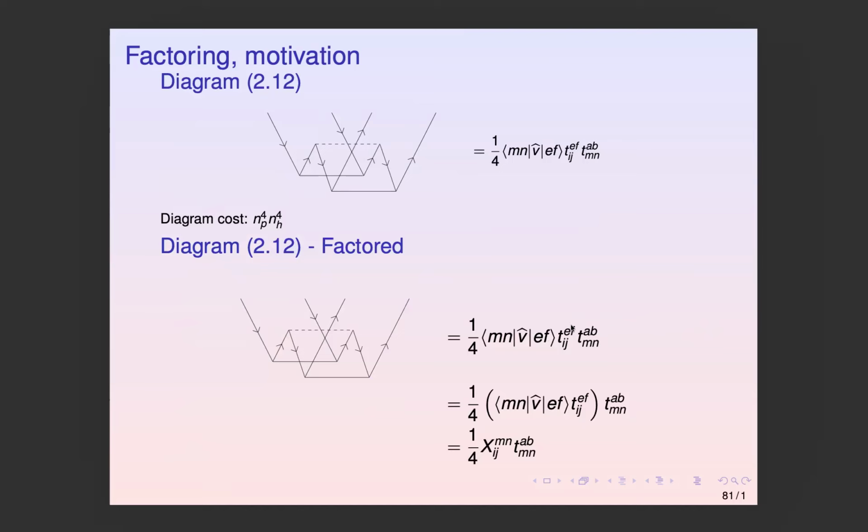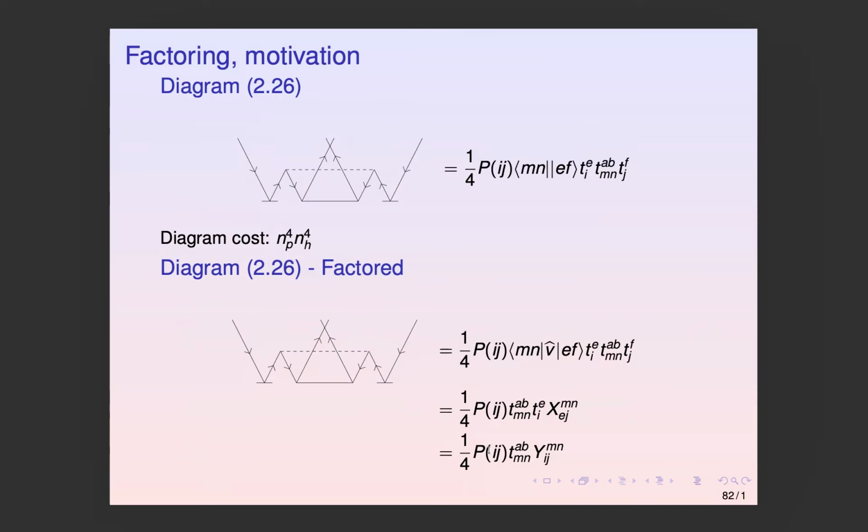If you look at this term here, you can calculate that as an intermediate, which you call x here. Then you can simply set this up as expedient matrix multiplications. Some of these factors you can pre-calculate and then insert again in other terms as well. That saves a lot of CPU cycles.